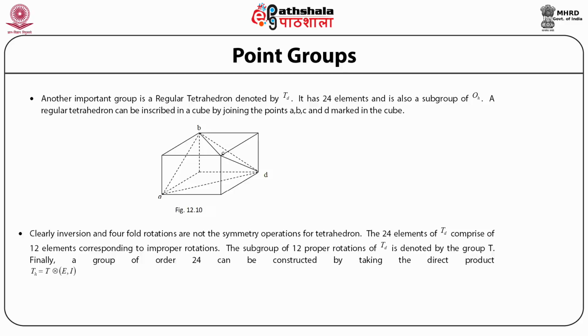The proper rotations of TD are denoted by the group T, and finally the group of order 24 can be constructed by taking the direct product of the group T of proper rotations in the regular tetrahedron with the inversion group, which has 2 elements. So TD can be considered as a direct product of the group T with the inversion group.